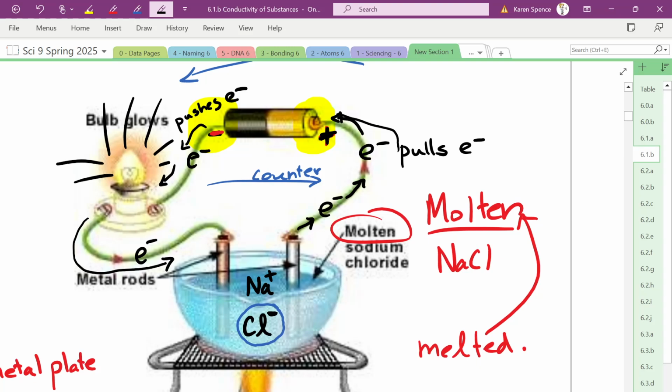Which direction will our chloride move? Is it going to move to the right or is it going to move to the left? Anyone have any ideas? Anyone think they know? You don't have to explain it to me. You guys think it's going to move to the right? Anyone agree with them?